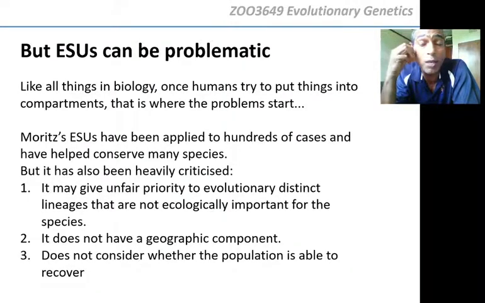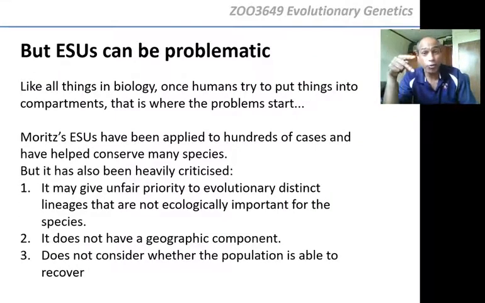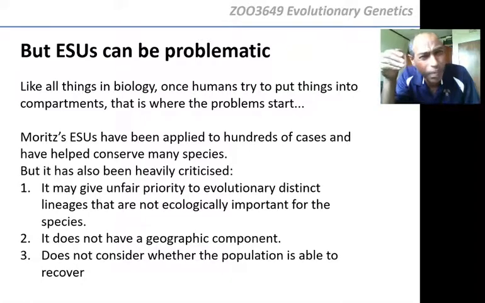Like the northern white rhino. 2 females, no male. And yet it is an ESU. So shall we keep putting 1 million into that? Why? We will never save that species because there's no male. It's already extinct. There are 2 females left. So can we justify spending 1 million? So there is another way the ESU can be problematic, right?